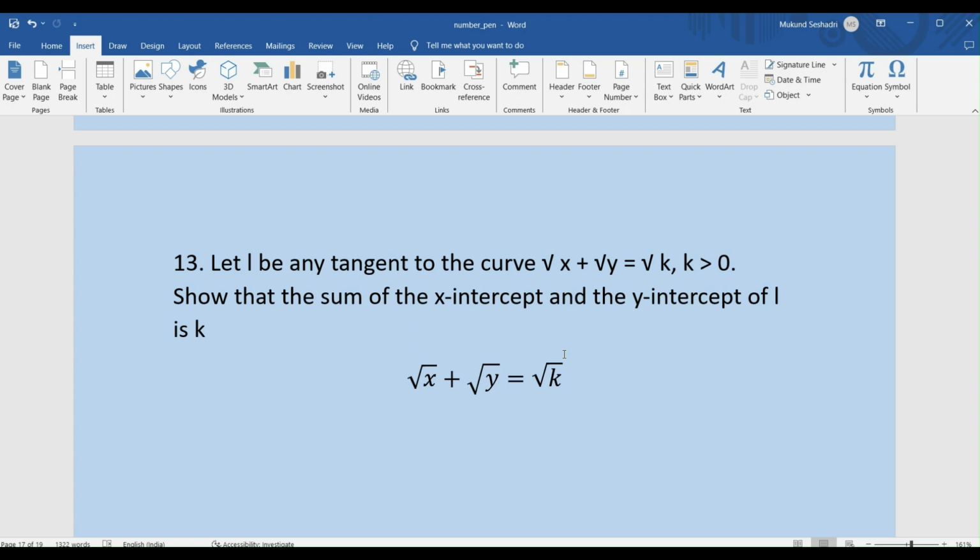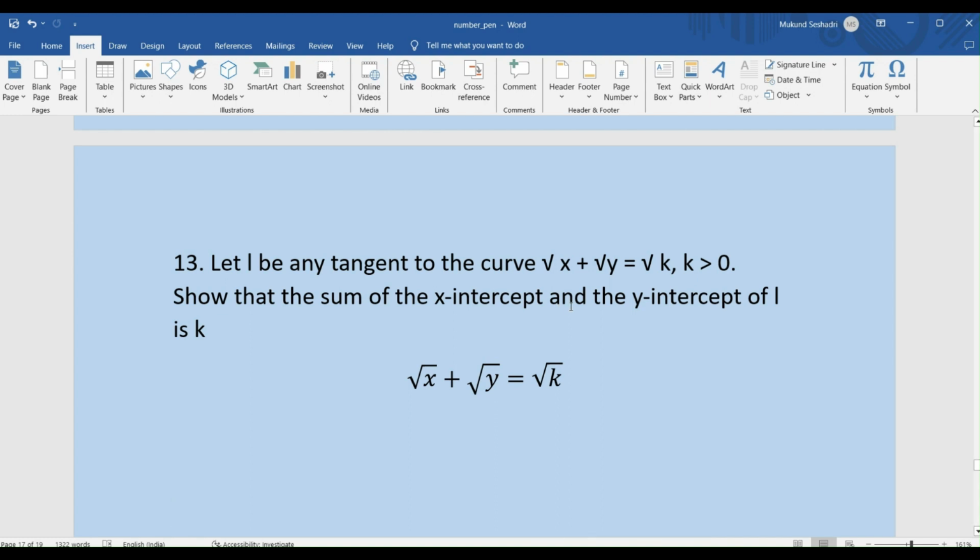Today we have another interesting problem in front of us. So let's take a few seconds to read through the problem. Now, let L be any tangent to the curve root x plus root y equals root k, where k is greater than 0. Show that the sum of the x-intercept and the y-intercept of L, which is the tangent, is k.